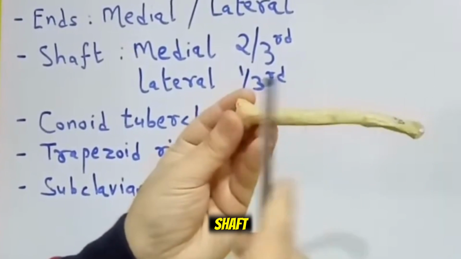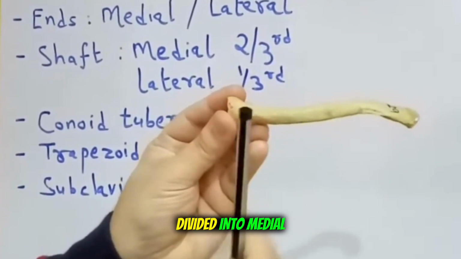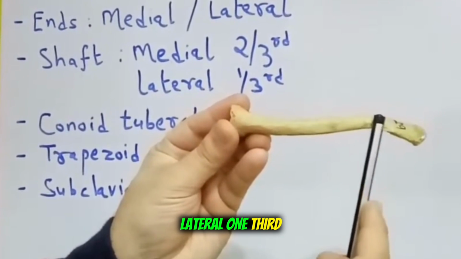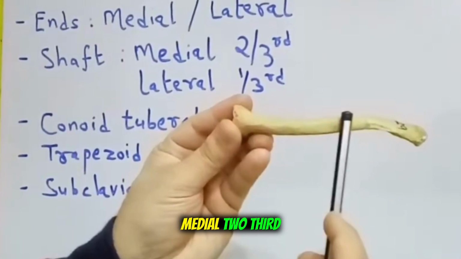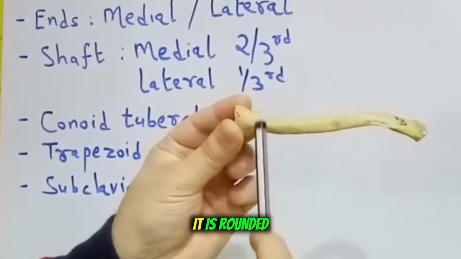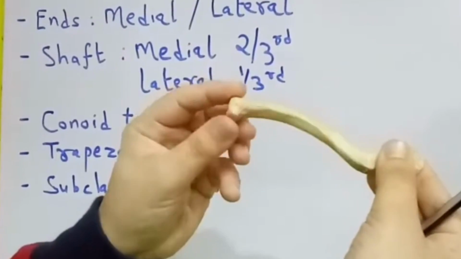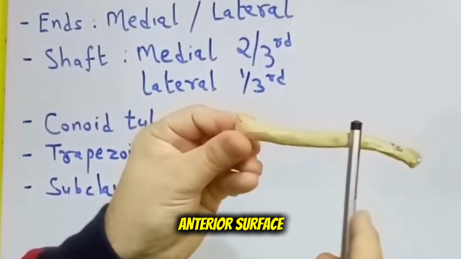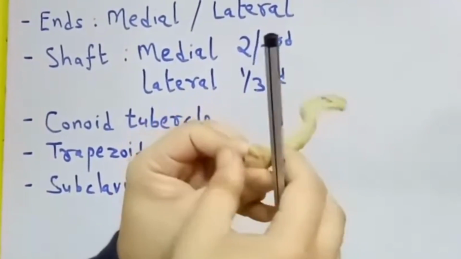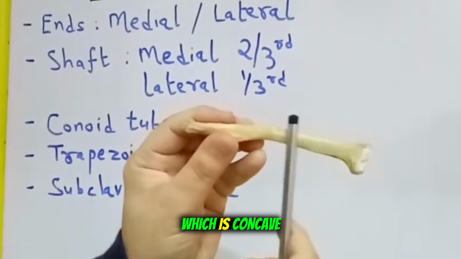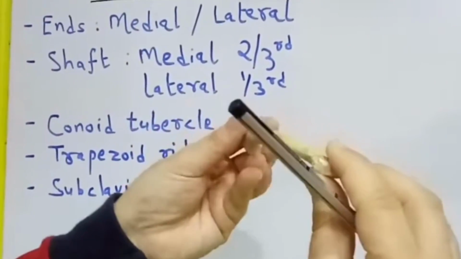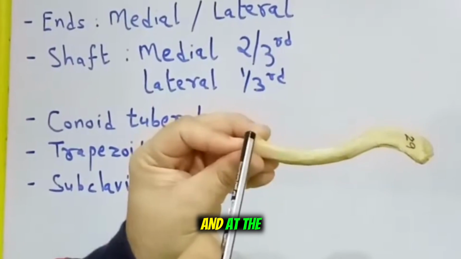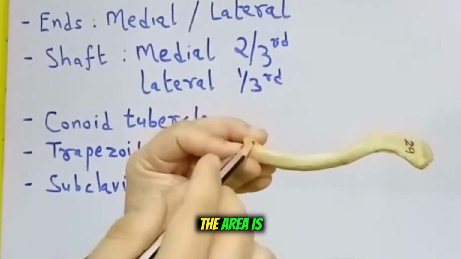Coming to the shaft. The shaft is divided into medial 2/3 and lateral 1/3. Now the medial 2/3 of the shaft is rounded, as we can see here, so that there are four surfaces: the anterior surface, which is convex forward; the posterior surface, which is concave backwards; and there is a superior surface, and at the medial end of the superior surface, the area is rough.